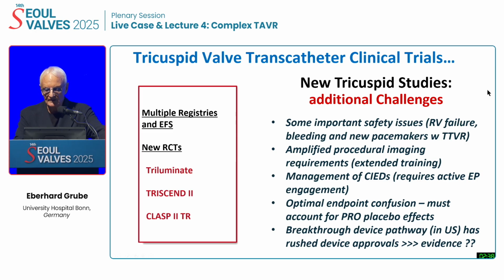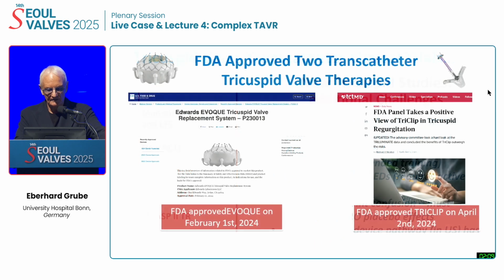Some important safety issues: right ventricular failure, bleeding, and new pacemaker with TTVR, amplified procedural imaging required, extended training, management of SEOULs requiring active EP engagement, optimal endpoint confusion, must account for pro-placebo effects, and breakthrough device pathways in the US has rushed device approvals, probably with lacking evidence.